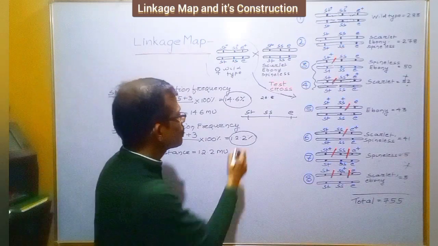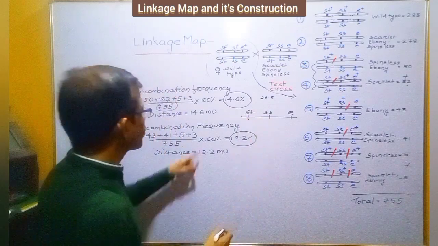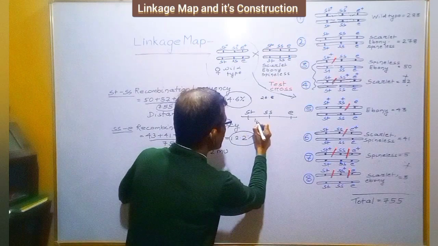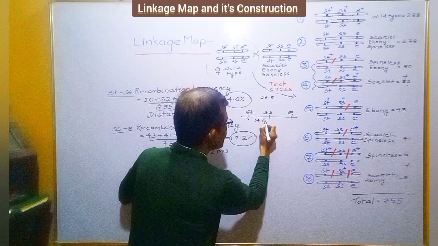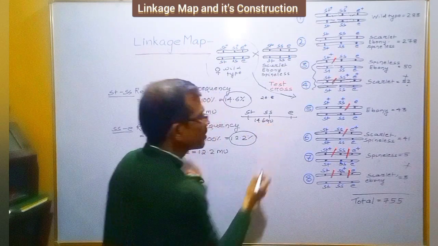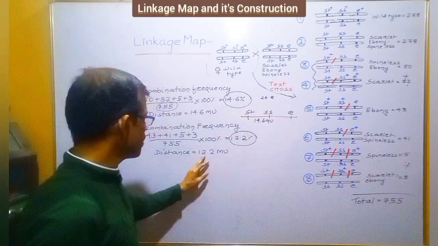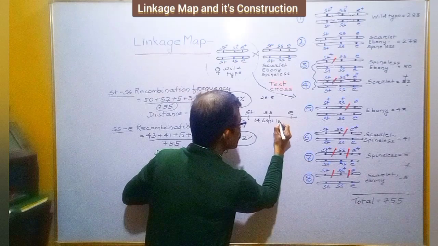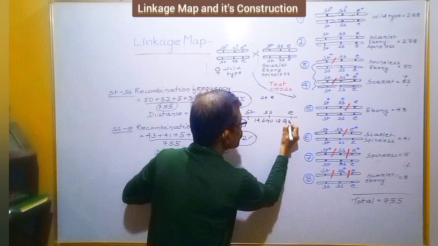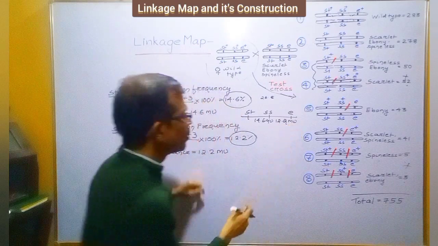The distance between ST and SS locus is 14.6 map units, and the distance between SS and E locus is 12.2 map units.